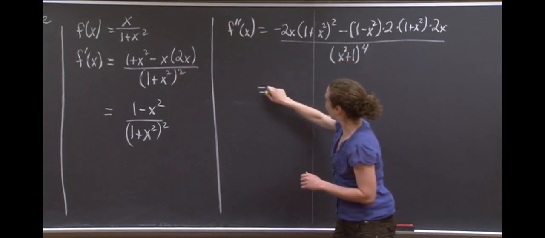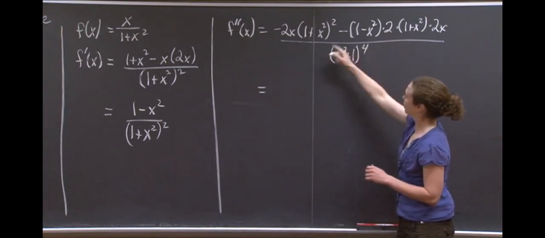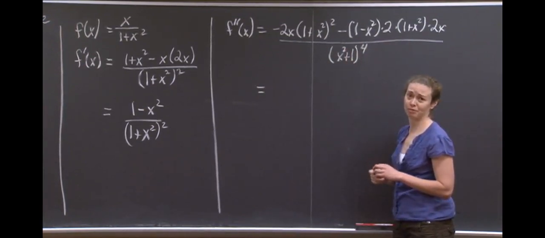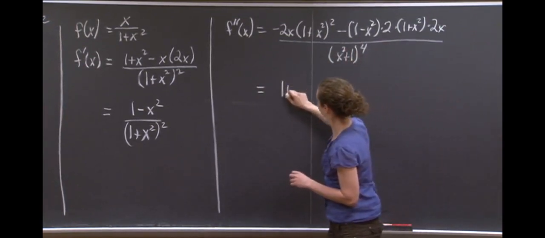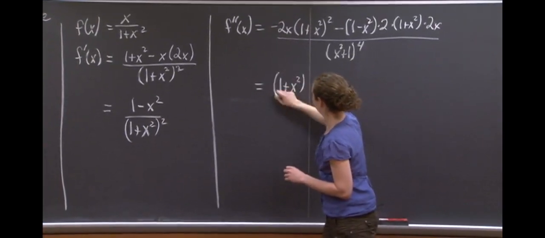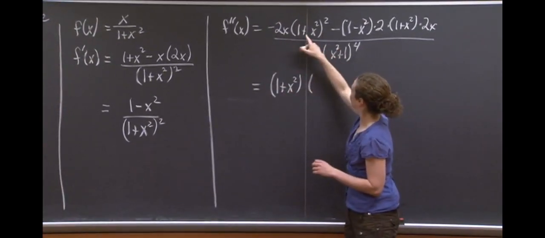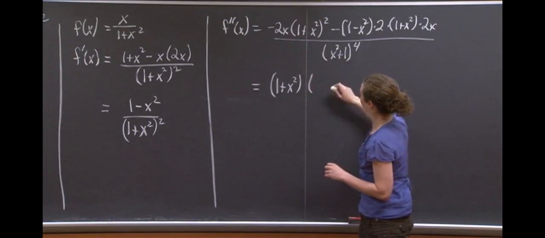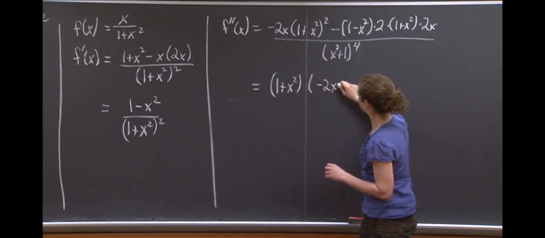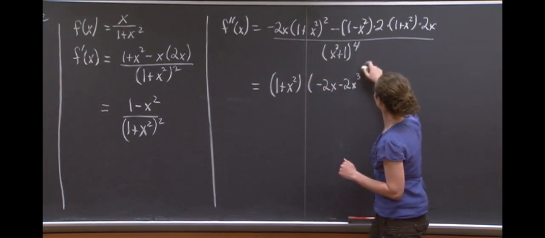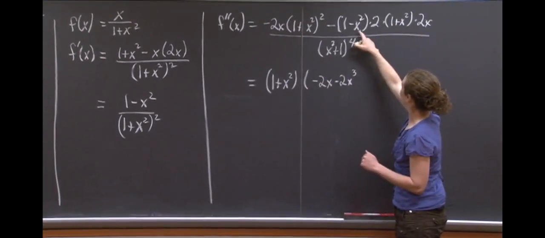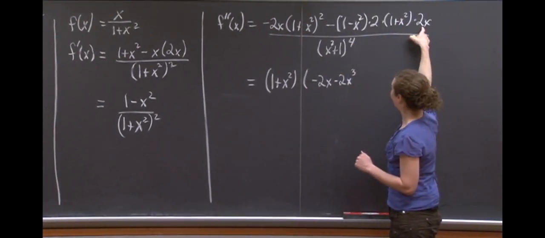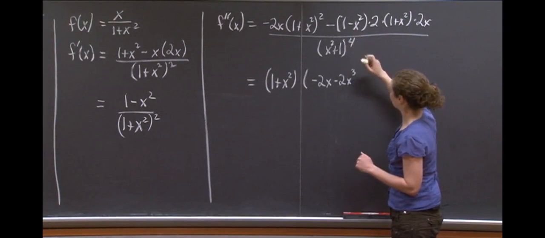Okay, now I'm going to pull out a 1 plus x squared from the numerator to simplify it. And then I'm going to see what I have left. Here I have a 1 plus x squared times a negative 2x. That's going to be negative 2x minus 2x cubed. Here I'm going to have 2 times 2 is 4x times this 1 minus x squared.